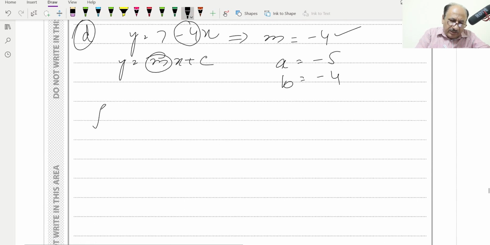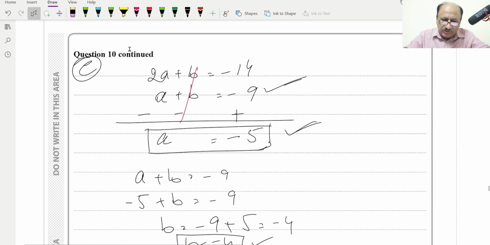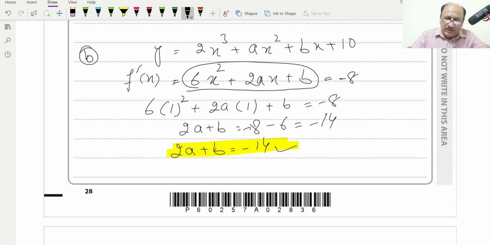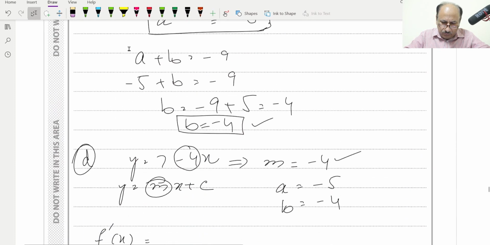And f dash of x we found, which is 6x square plus 2ax plus b, and I will copy it over here.